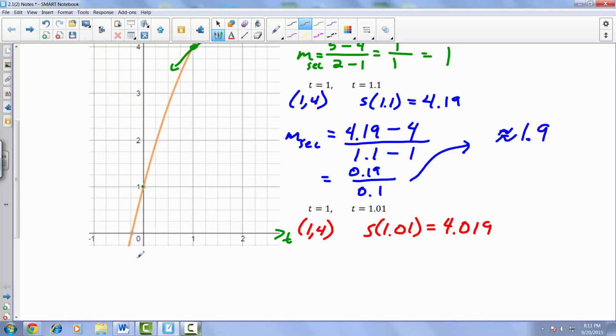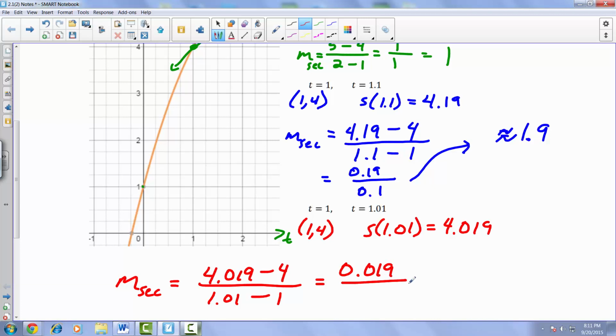So then to find that secant, we have 4.019 minus 4 all over 1.01 minus 1, which comes out to be 0.019 over 0.01, which comes out to be about 1.99.